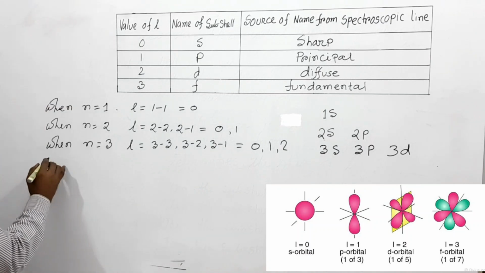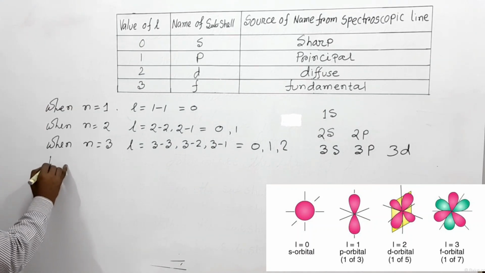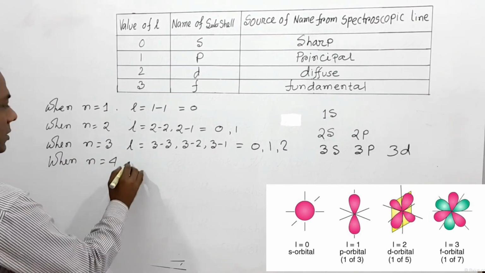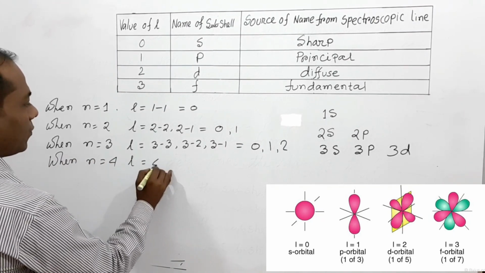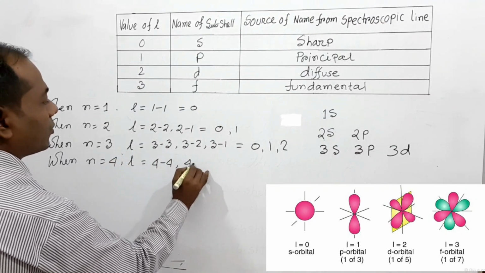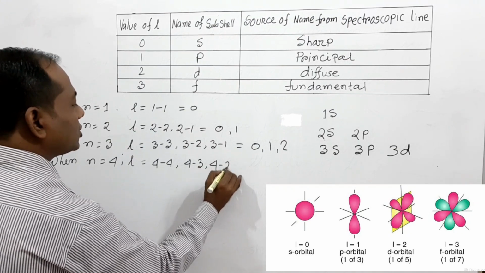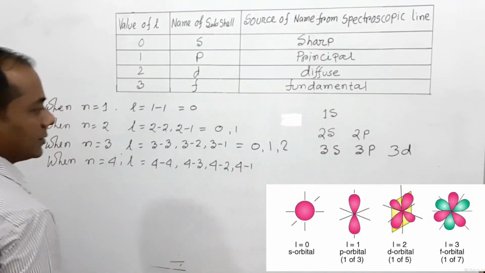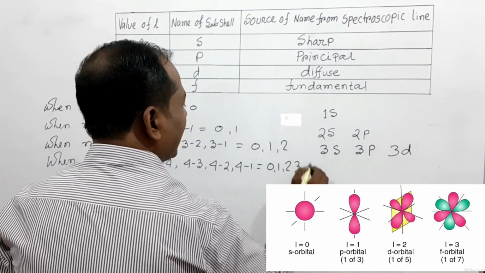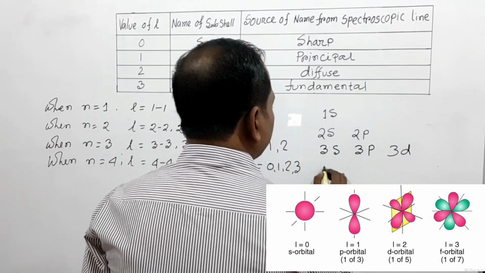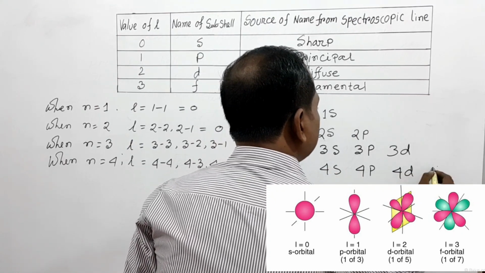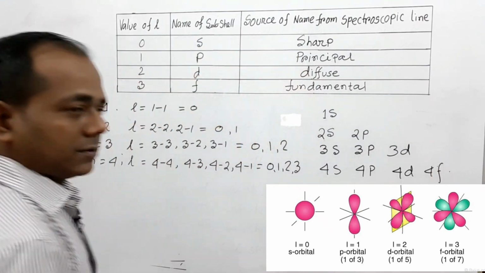And when the principal quantum number n equals 4, then L equals 4 minus 4, 4 minus 3, 4 minus 2, 4 minus 1. That means 0, 1, 2 and 3, and then we get 4s, 4p, 4d, 4f orbitals.